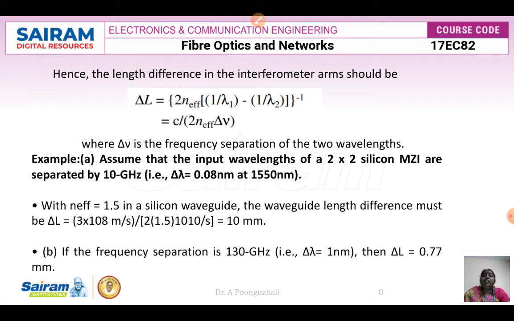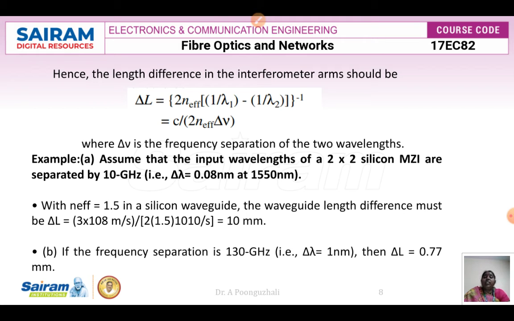So the length difference in the interferometer arm should be del L equivalent to 2 N effective into 1 by lambda 1 minus 1 by lambda 2, the whole inverse, or we can write it as C by 2 N effective del V, where del V is the frequency separation of the two wavelengths.